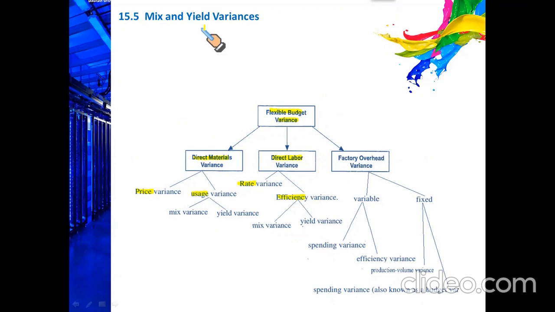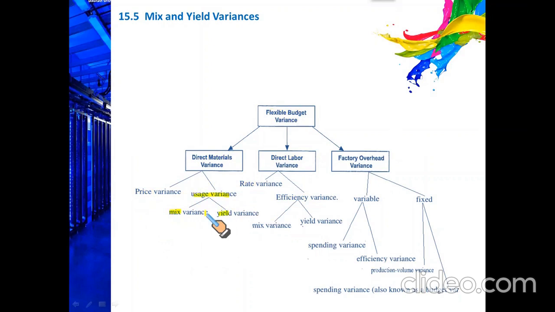I told you in the previous part of the lecture that sometimes materials can be substituted. Instead of A, we can use B. Instead of B, we can use C. So when we change the composition of our input, it could result in another type of variances called the mix variance and yield variance. We'll discuss this in detail.